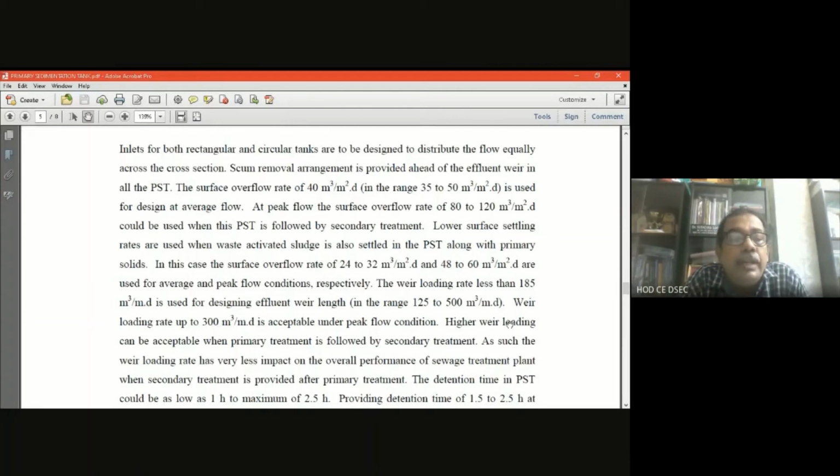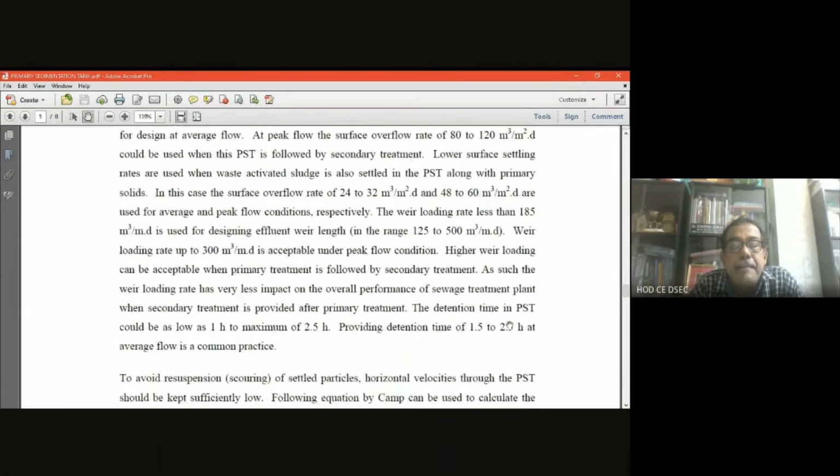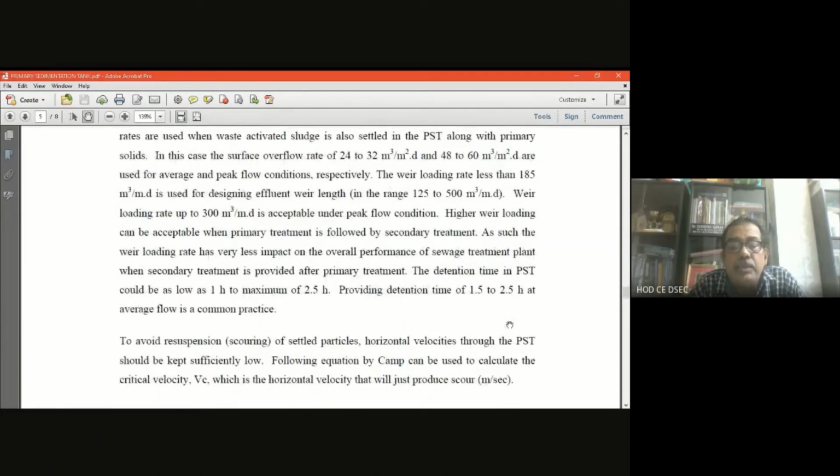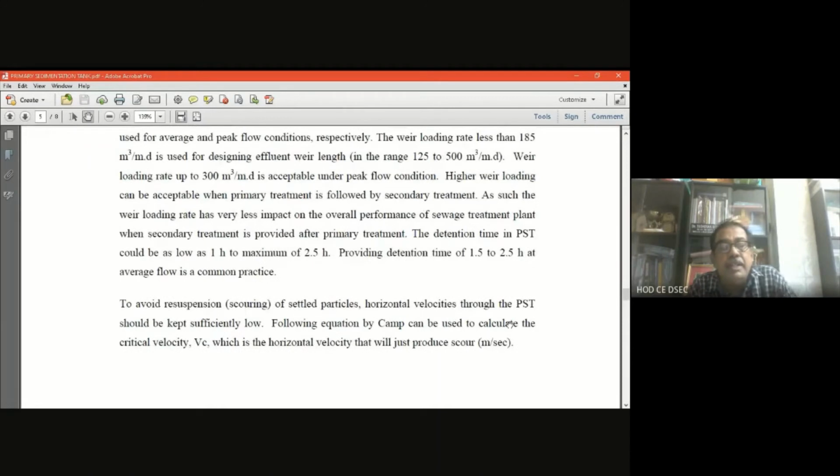Now, the surface overflow rate, as I've told you, is generally 40 meter cube per meter square per day. Now, this is very important. To avoid the scouring, again and again I am telling, the critical velocity has to be checked so that the velocity should not exceed the scouring velocity.